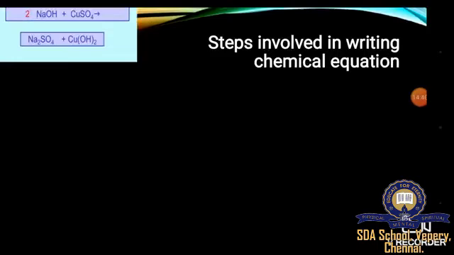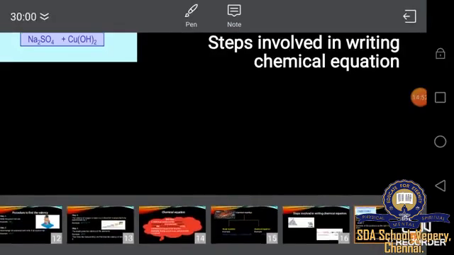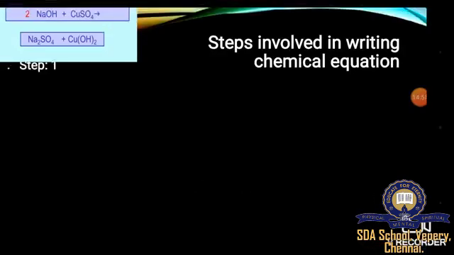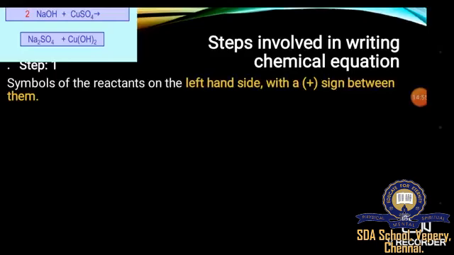It is an example for chemical equation. 2NaOH plus CuSO4 gives Na2SO4 plus Cu(OH)2. Let's see. Step 1: reactants are written on the left hand side with the plus sign in between them.